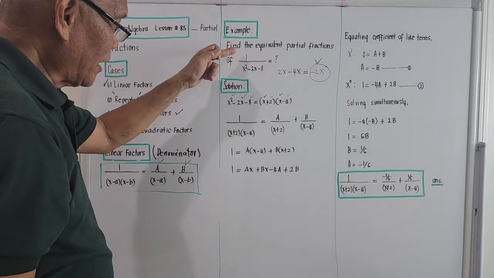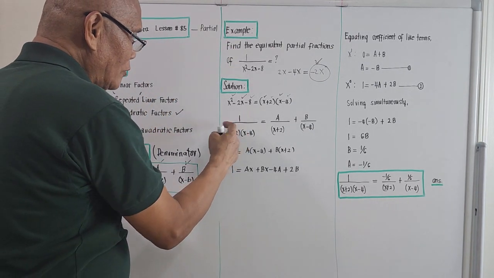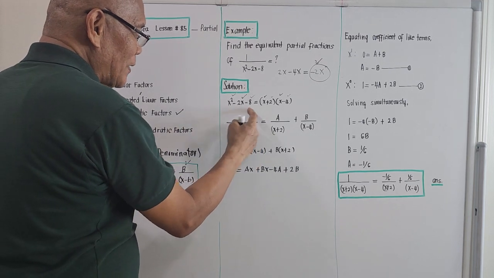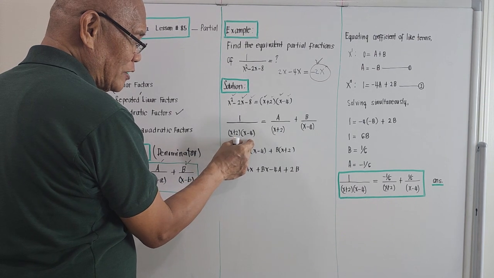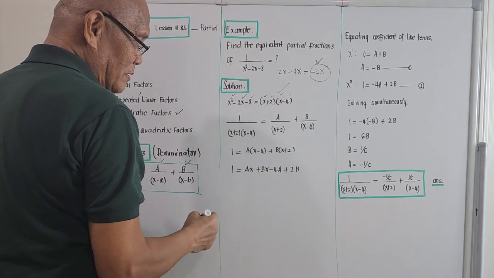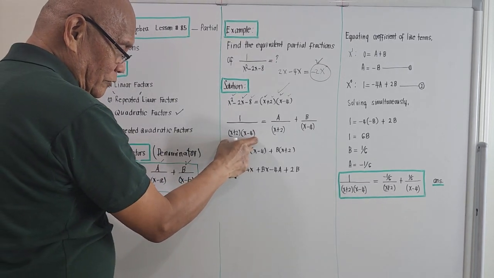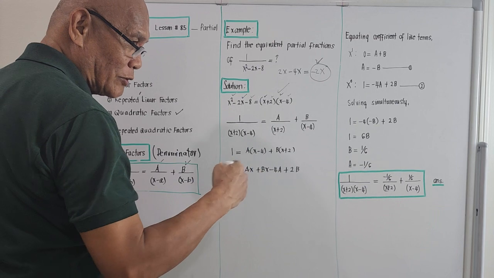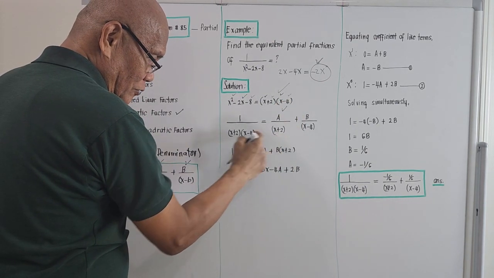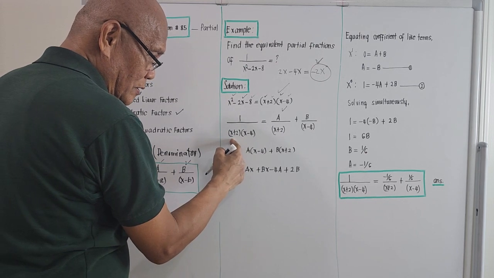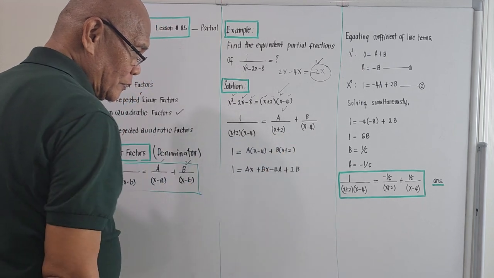Now we rewrite this as 1 all over the product of x plus 2 and x minus 4. According to our concept, if there are two linear factors, there should be two unknown constants on the right. This will be A over the first linear factor, x plus 2, plus B over the second linear factor, x minus 4.